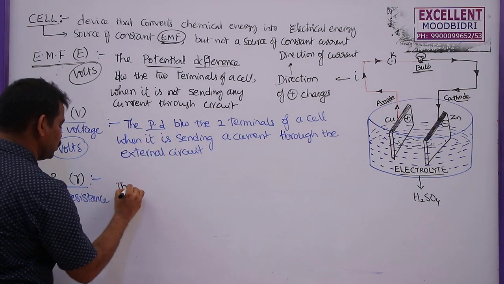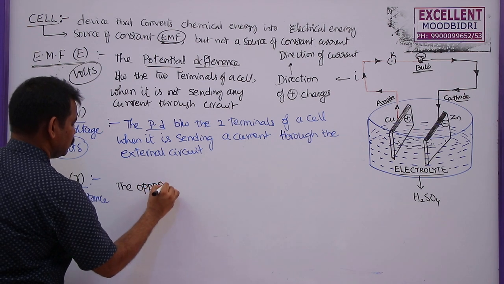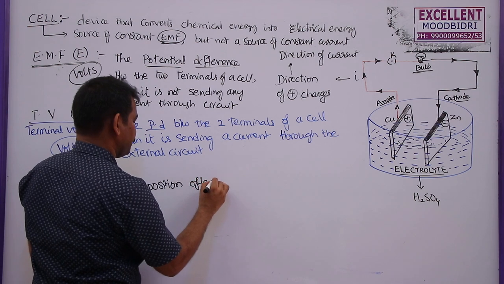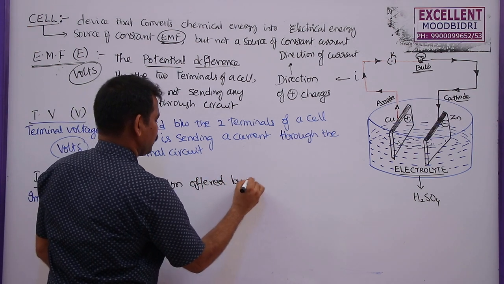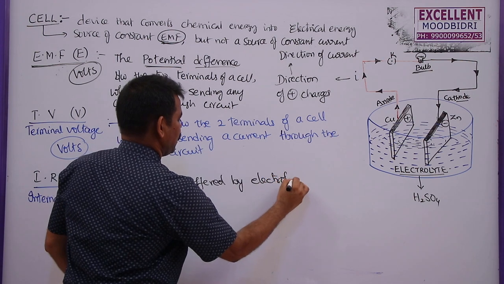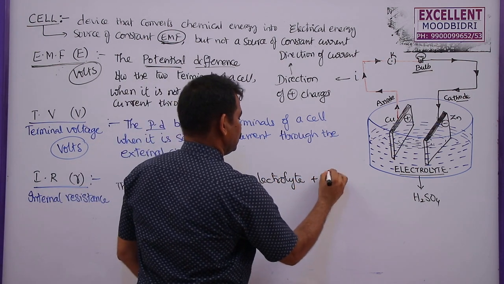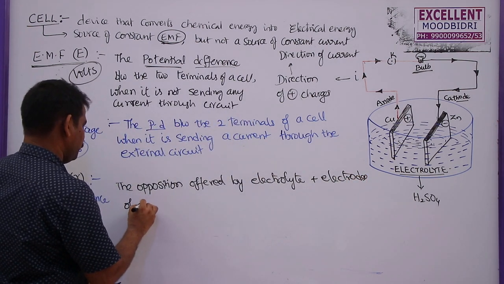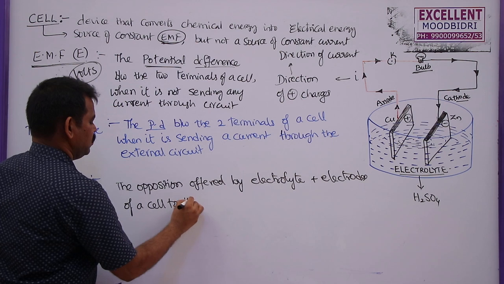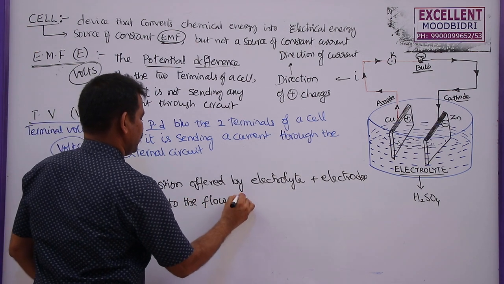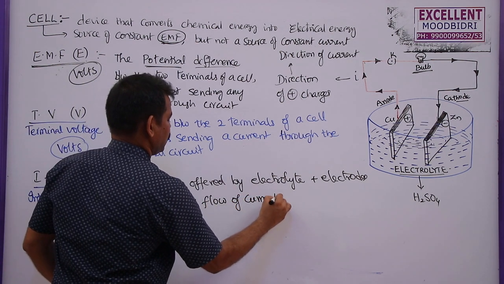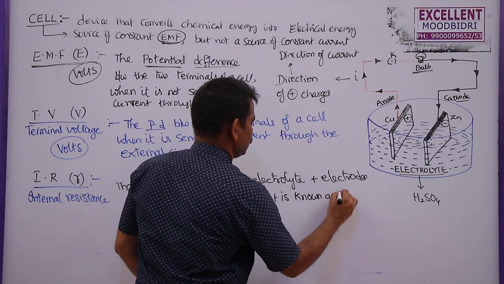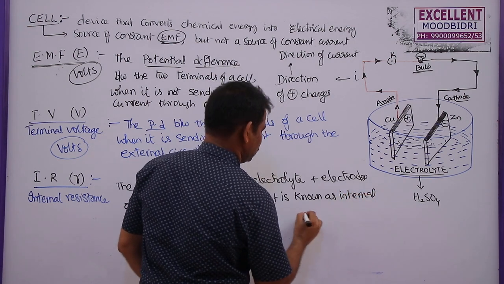So the opposition offered by the electrolyte as well as electrodes of a cell to the flow of current is known as the internal resistance of the cell.